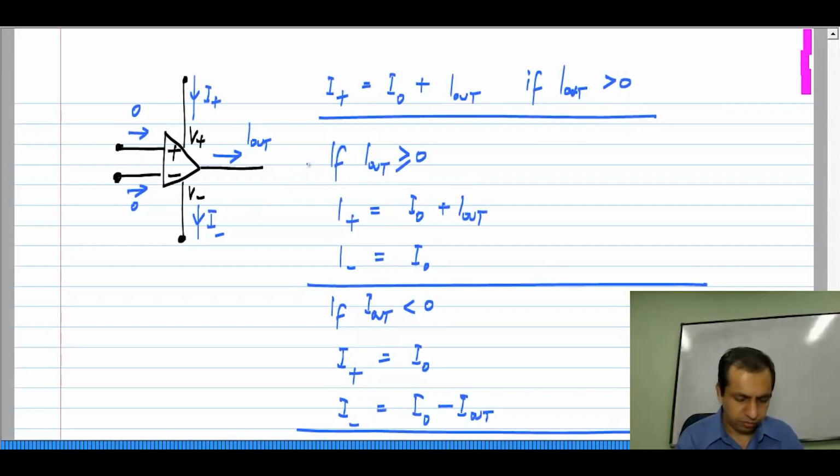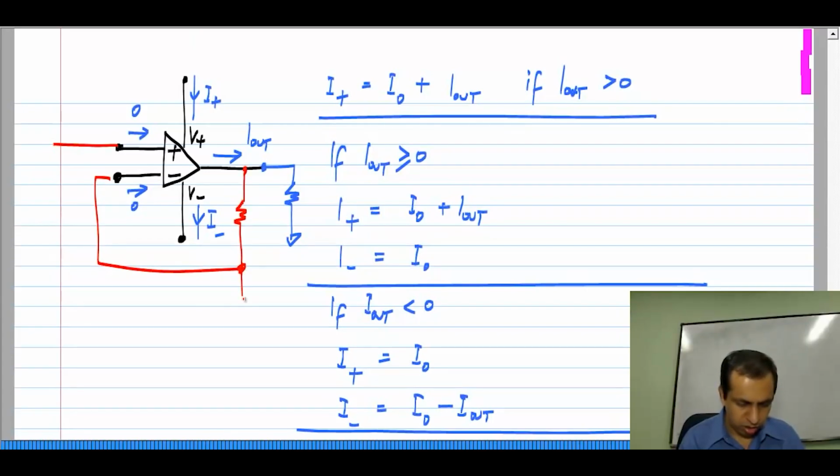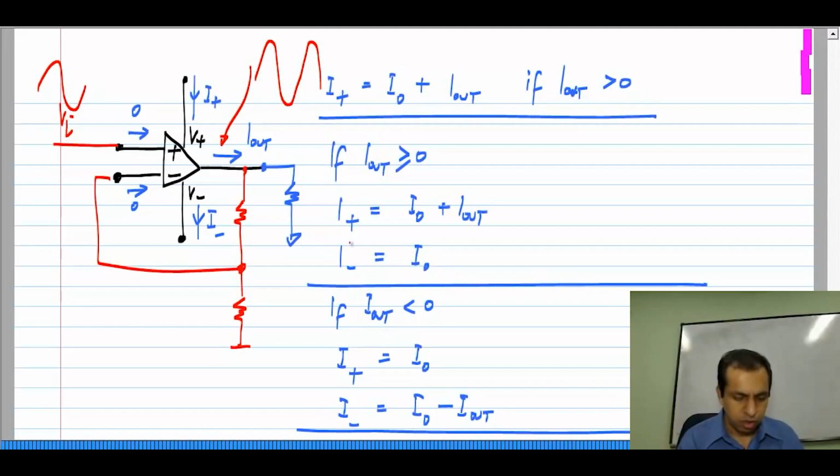So, for instance, let's make an amplifier out of this. I won't work out the precise details. Okay. So, let's say that the input is a sinusoid. The output voltage here also will be a sinusoid. So, during these parts, I out will be positive, and during those parts, I out will be negative. Okay.